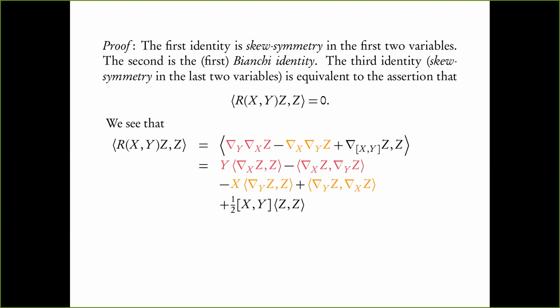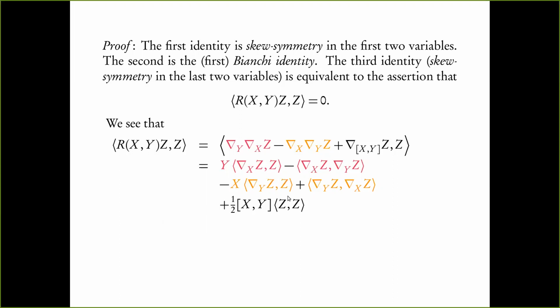Okay. So I'd be happy to explain this, even the red or the orange examples, if people still have questions, because we're using metric compatibility over and over again. We have used it three times already to deduce the second line. Okay, so if there are no questions, let's go on to the next line.